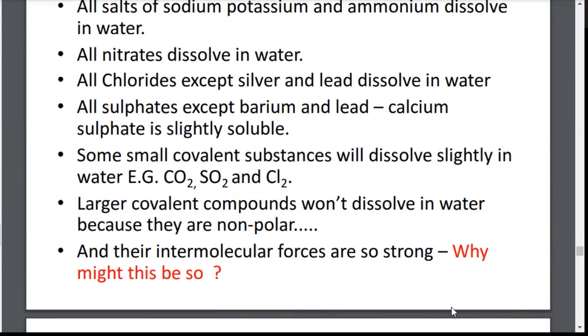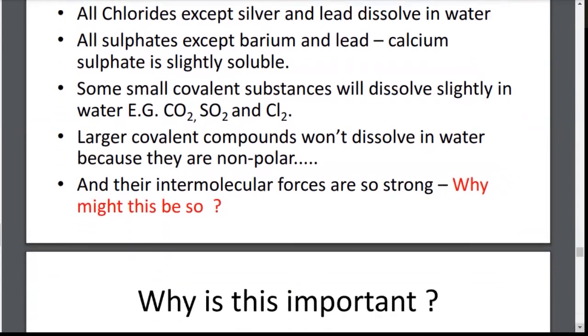It's called giant for a reason because they're huge and make these big crystal solids. So that's why they don't dissolve in water. The water can't overcome the intermolecular forces like it can with ionic solids, because there's not enough uneven distribution of charge.